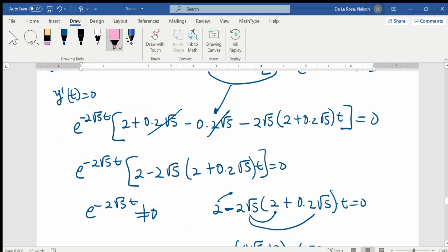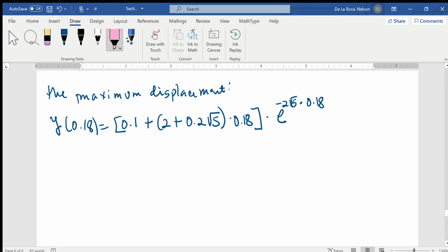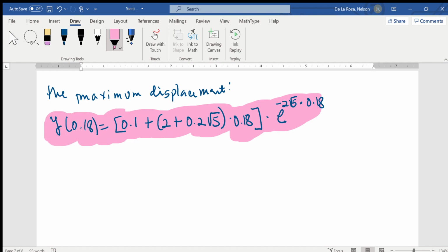So it's in this function where you replace t by 0.18, and that is going to give you a value of y of 0.24 meters.